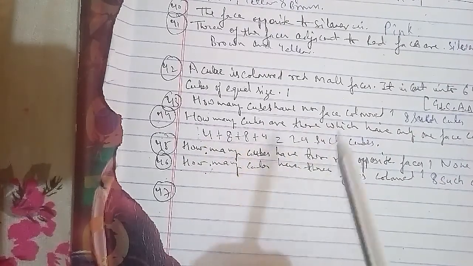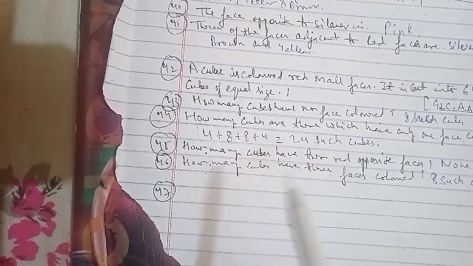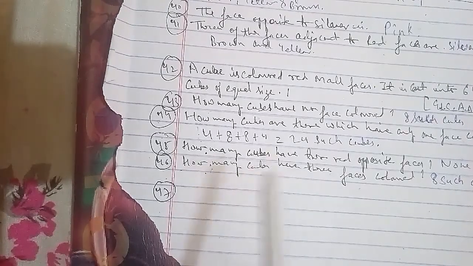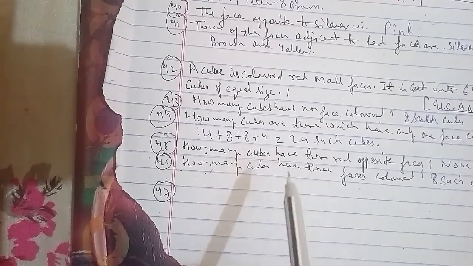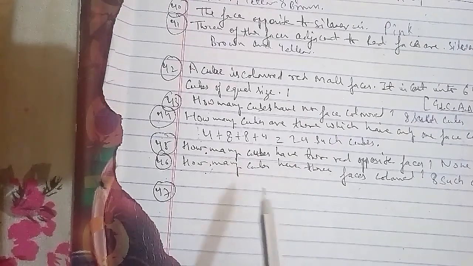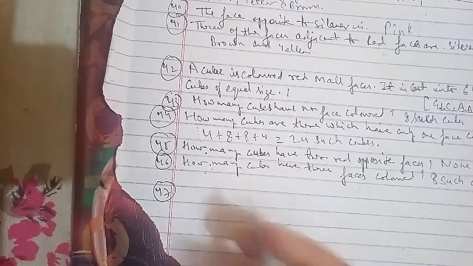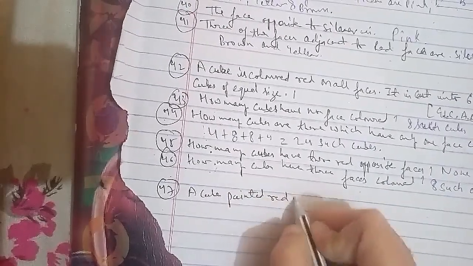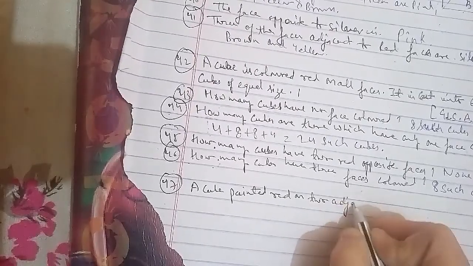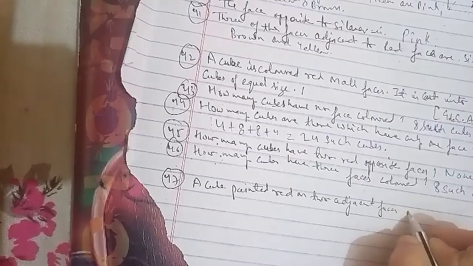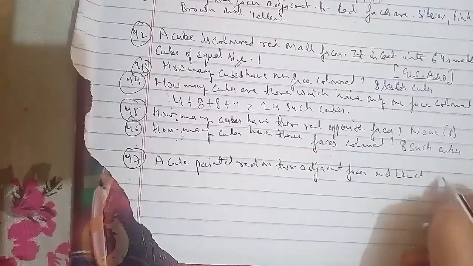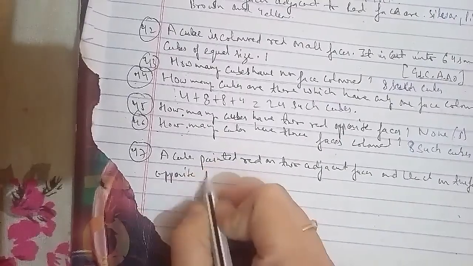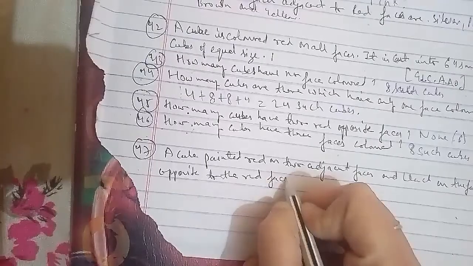So I just write down the question here: a cube painted red on 2 adjacent faces and black on the faces opposite to the red faces, and green on the remaining faces, is cut into 64 smaller cubes of equal sizes.